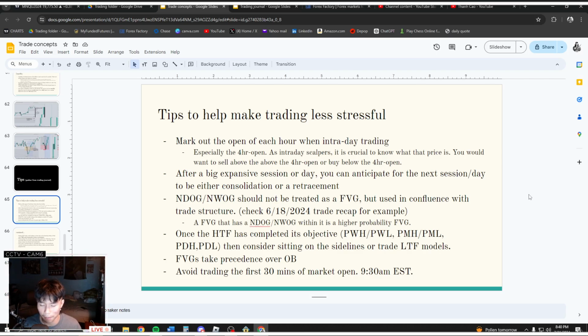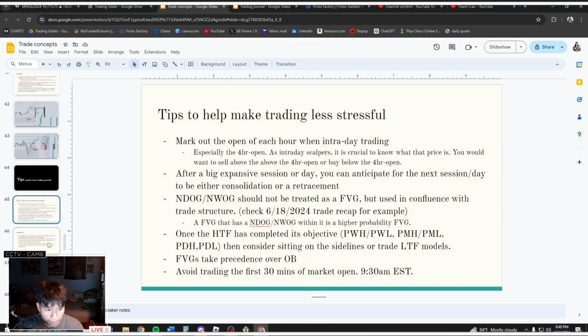The market opens and you're like, oh, I gotta get this over within like 15 minutes so I can start on my day. But the algorithm knows this, and it's very awkward, just bad price action in general in that first 30 minutes. So I tend to avoid it.